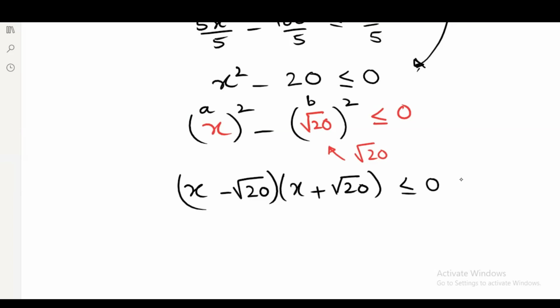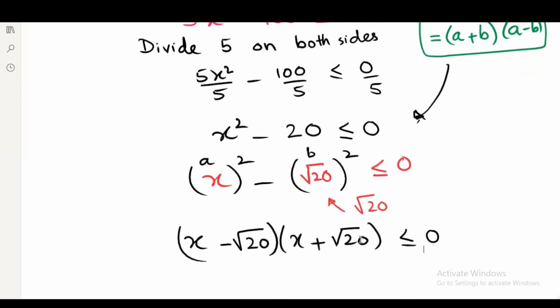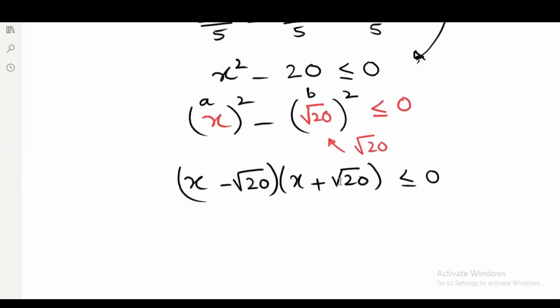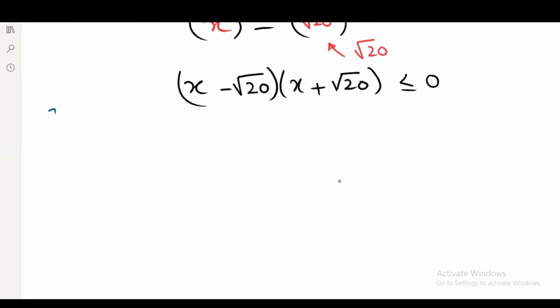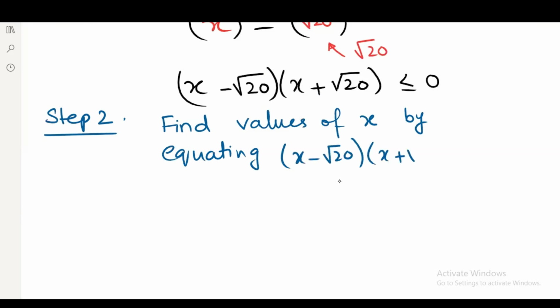Sorry, this was step number 1. We have factorized the left side of 5x squared minus 100. Step number 2 is find values of x by equating x minus square root 20 times x plus square root 20 with 0.